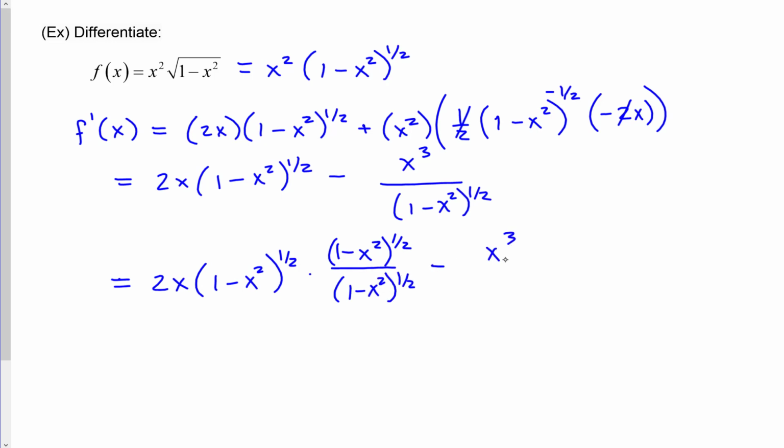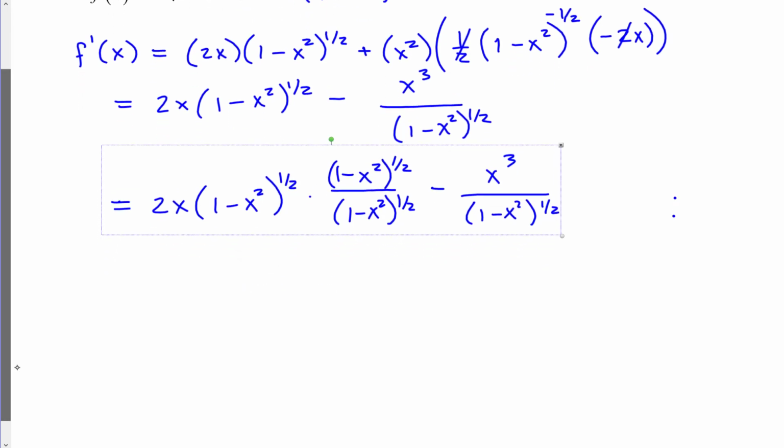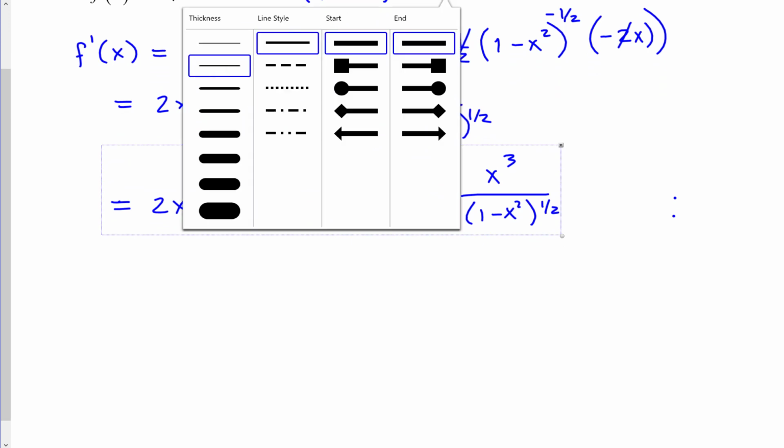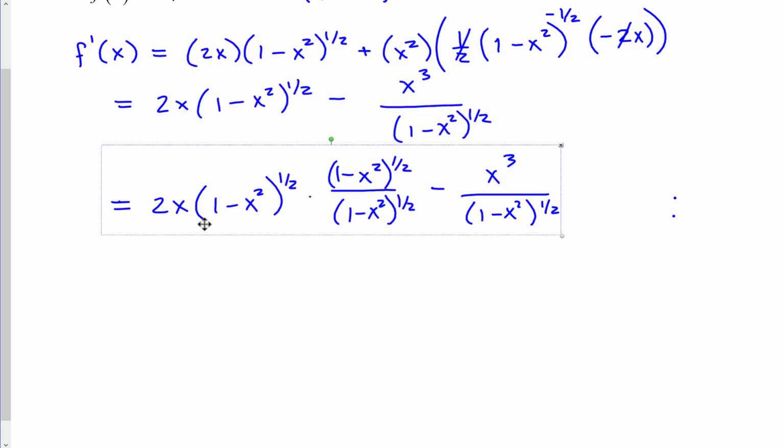And leave this one alone. Now, what that allows me to do is combine the terms 1 minus x squared to the 1/2 and this other 1 minus x squared to the 1/2.